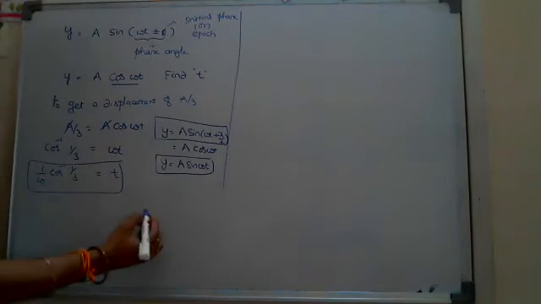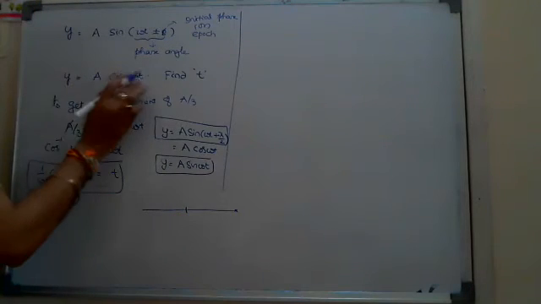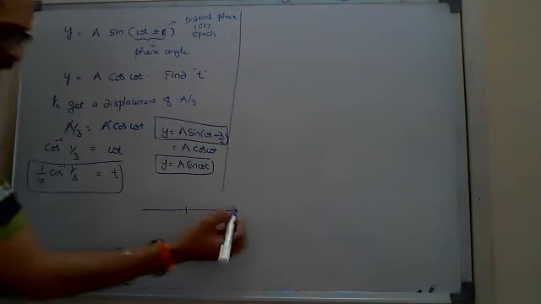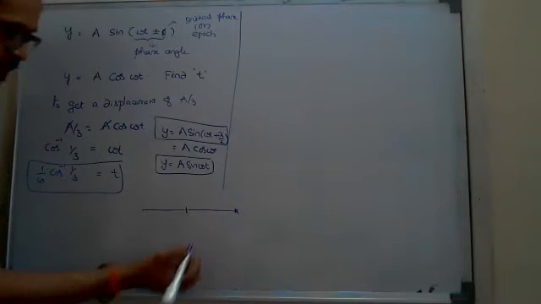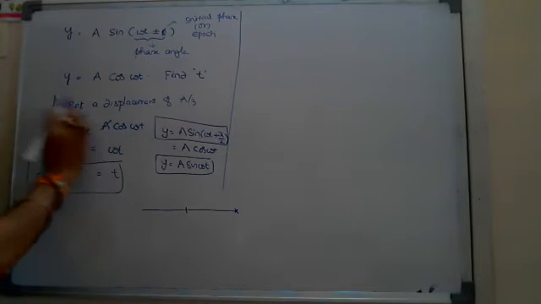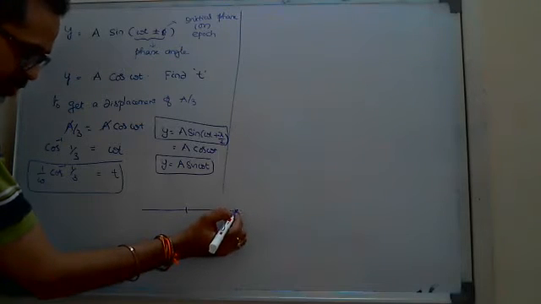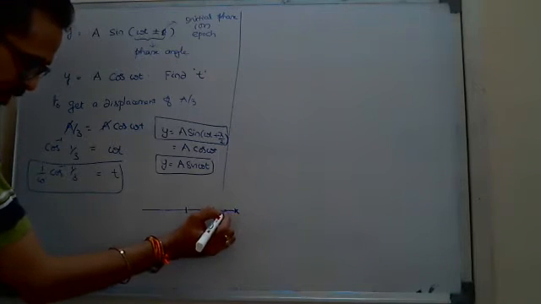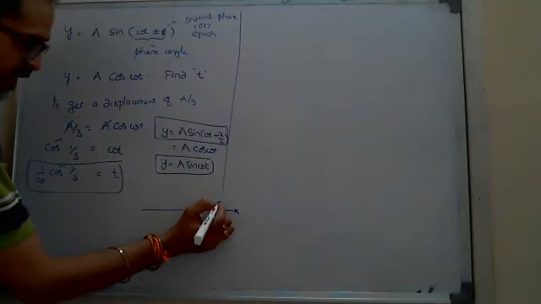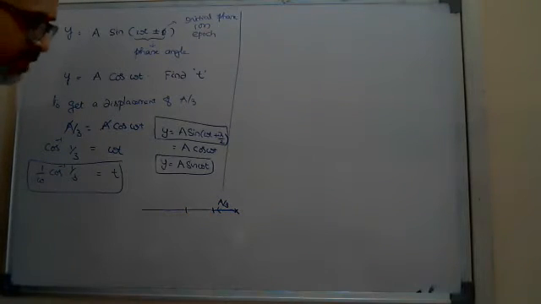Look here. In this oscillation, since y is given as a cos omega t, it started from the extreme position. And here we have to find the time taken to get a displacement of a by 3. That means from the extreme position it travels a distance of a by 3.